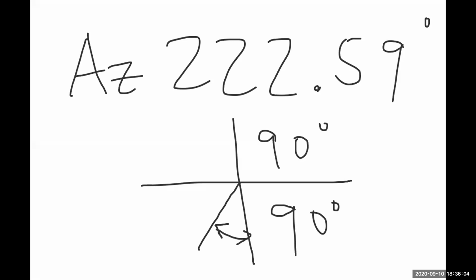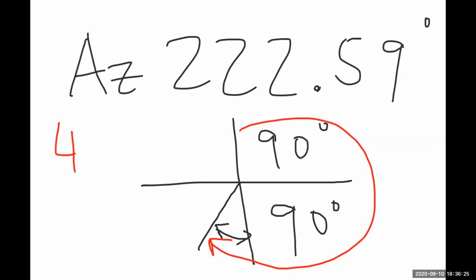It would simply be 222.59 minus 180, because my angle is going all the way to there. So 222.59 minus 180 is 42.59 degrees. Because it's 222, that tells me what quadrant I'm in.